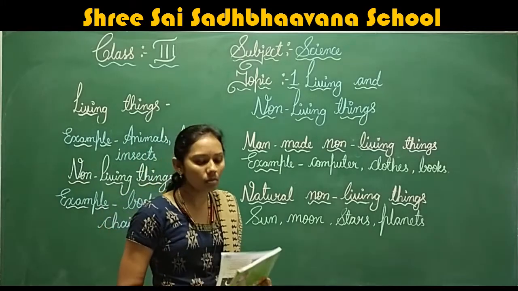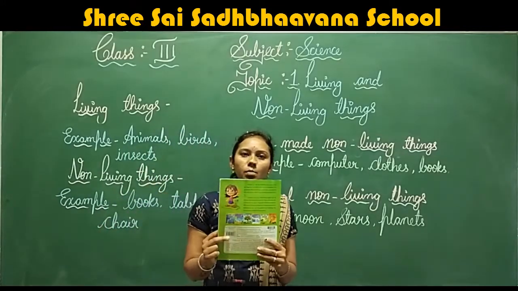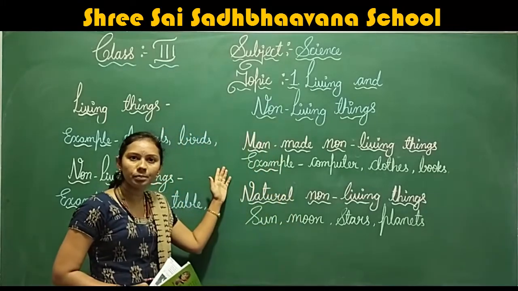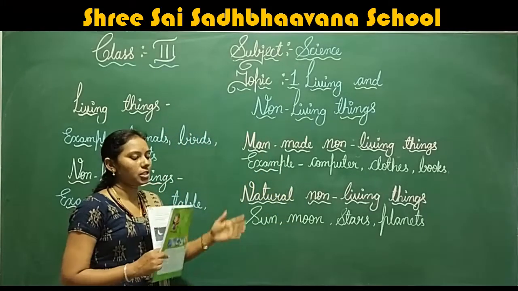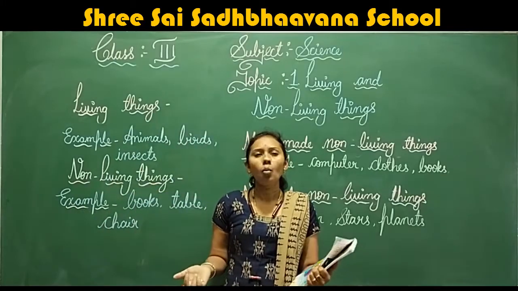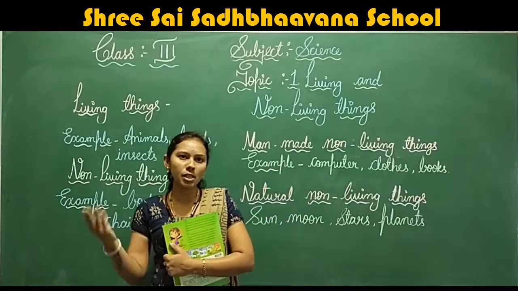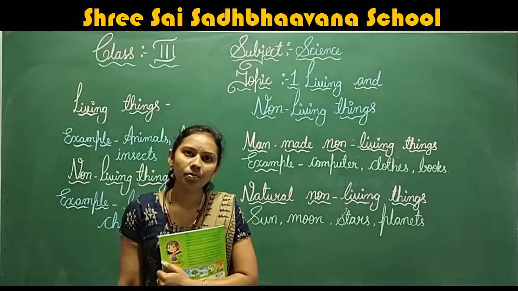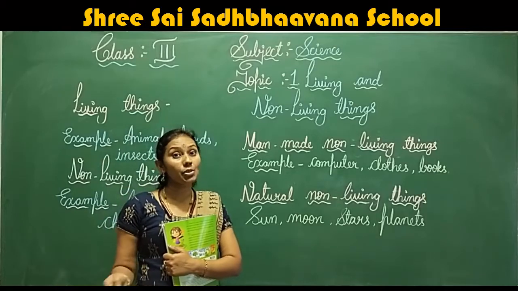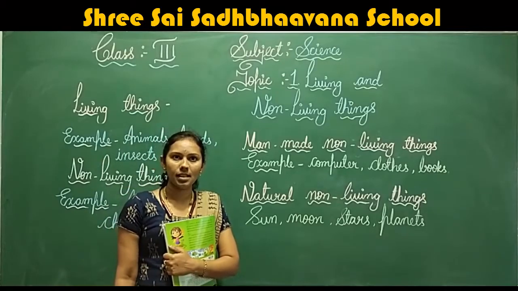Then what are the things that come under non-living things? Let us discuss now. Children, can you see this book? Yes. Can you see the blackboard? Yes, children. Can you see the table? Yes. Do these things move from one place to another place? No, they don't move from one place to another place.